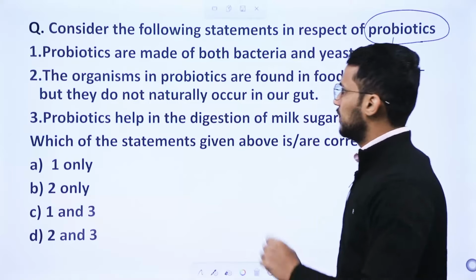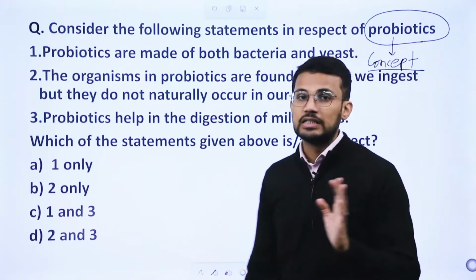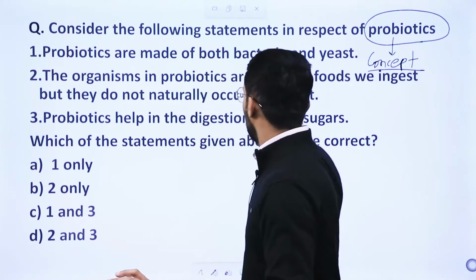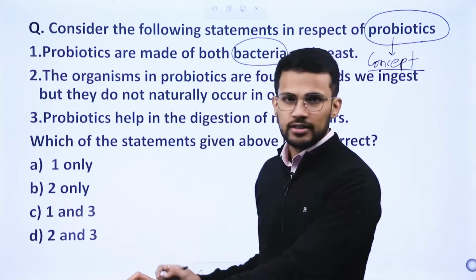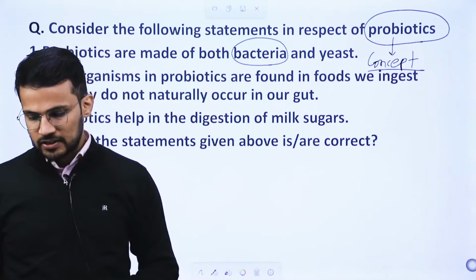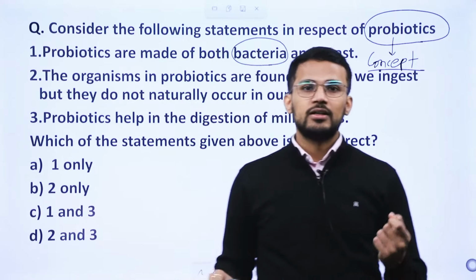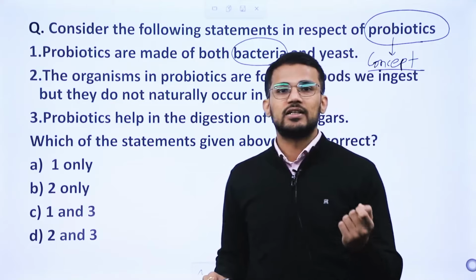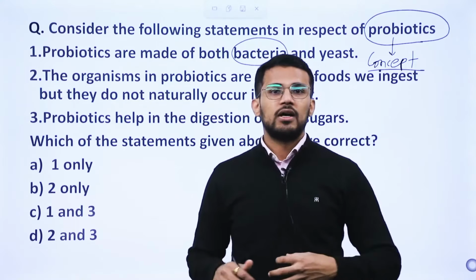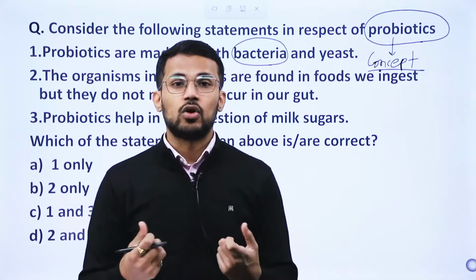So the first statement is, probiotics are made of both bacteria and yeast, right? This is a correct statement, because we have Lactobacillus bacteria and we have Saccharomyces boulardii. Saccharomyces boulardii is the yeast that helps in the correction of gut health.